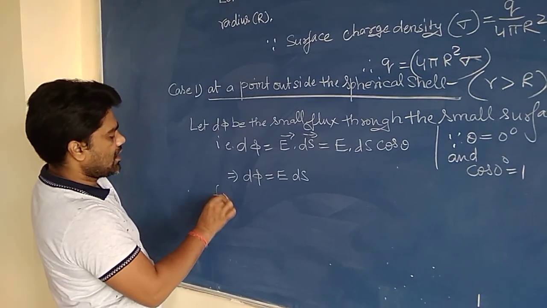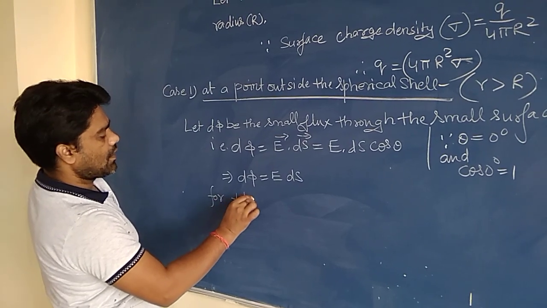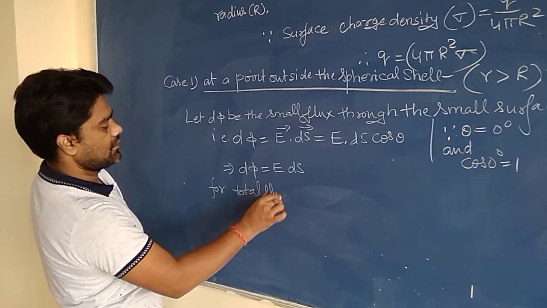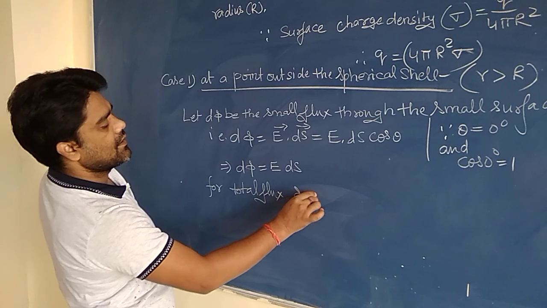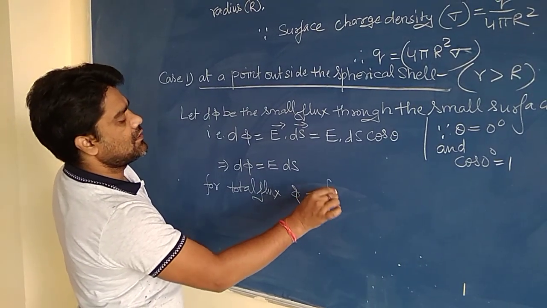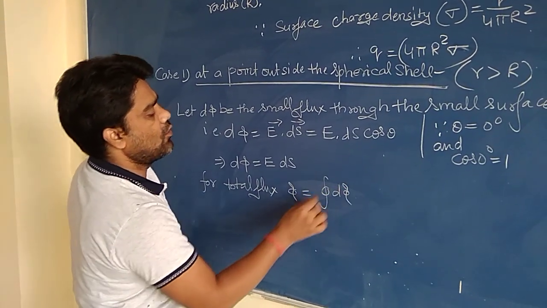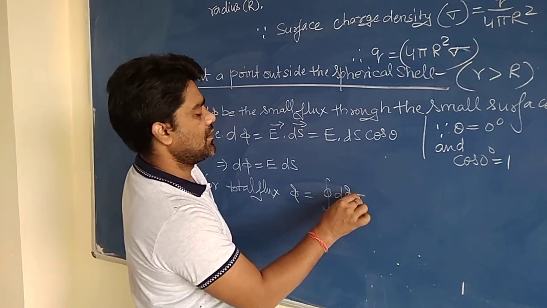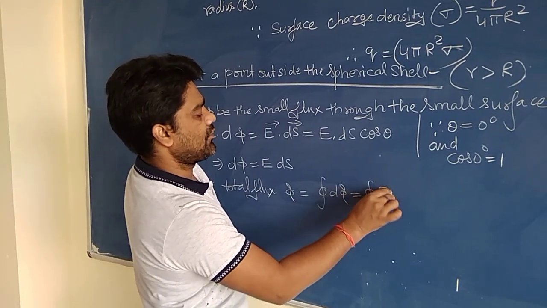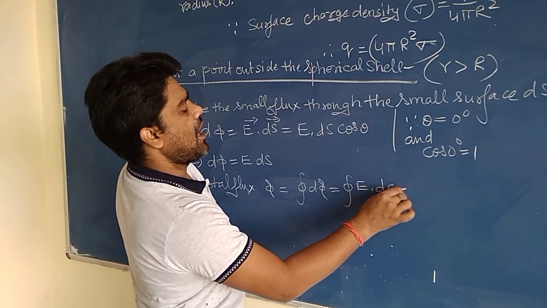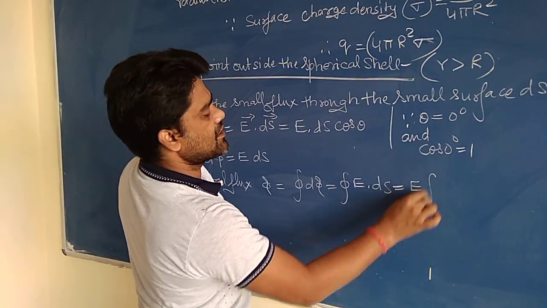For total flux phi, we integrate d phi over the surface area, the surface integral of E dot ds.